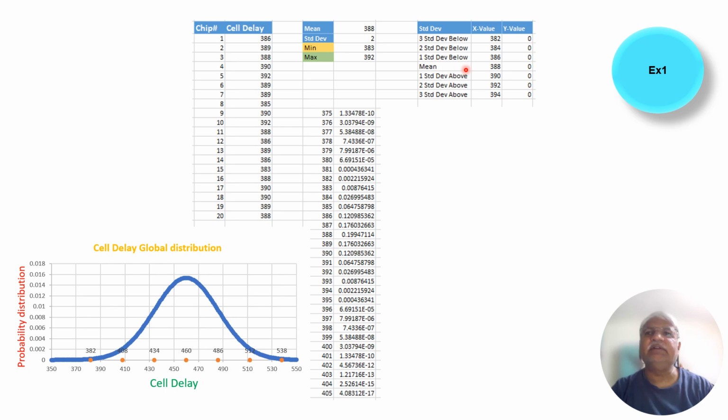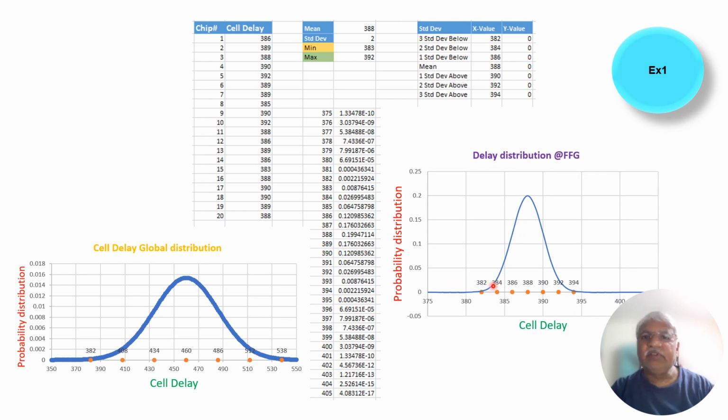Then for that, the mean is the same here, and the standard deviation, if you observe, the 3 sigma away point in the positive direction is 394, and the minimum one, 3 sigma below, is 382. Okay, and that is this one.